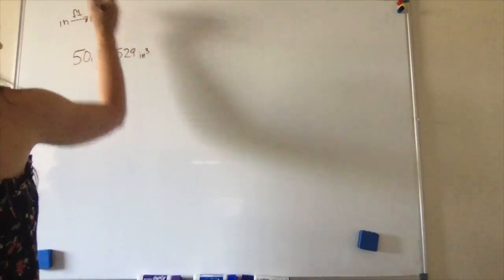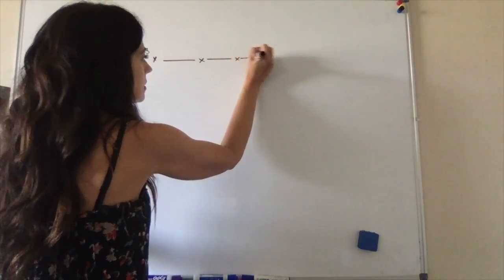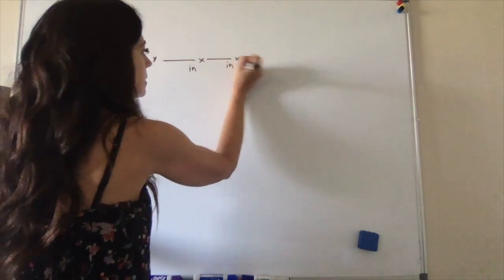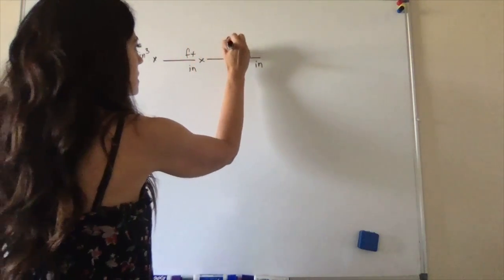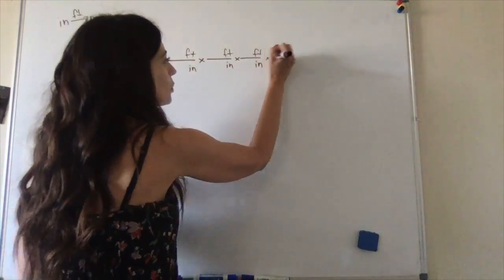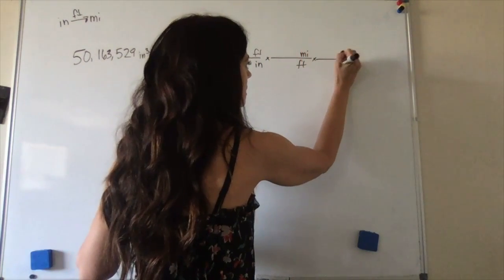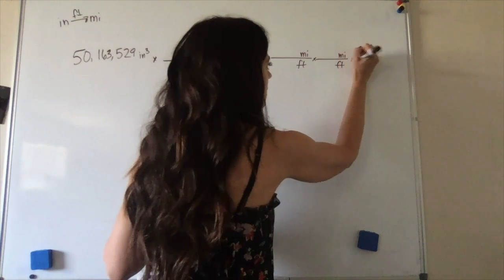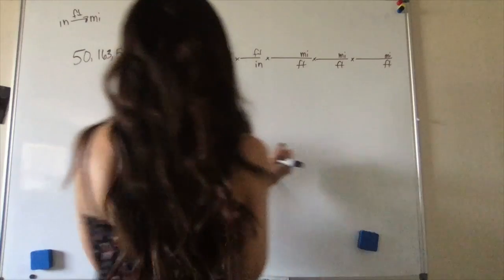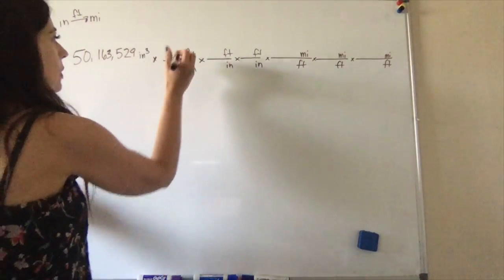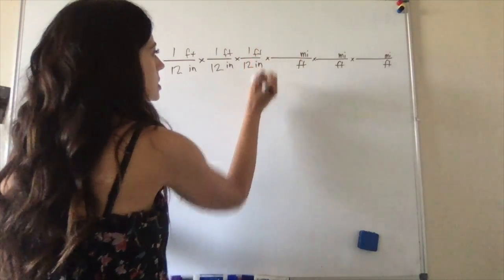So we're going to have 3 inch multipliers, and we're doing inch to feet. And then we're going to do feet to miles, because they want our answer in miles, right? So we're going to do 1 foot, 12 inches, 1 foot, 12 inches, 1 foot, 12 inches.